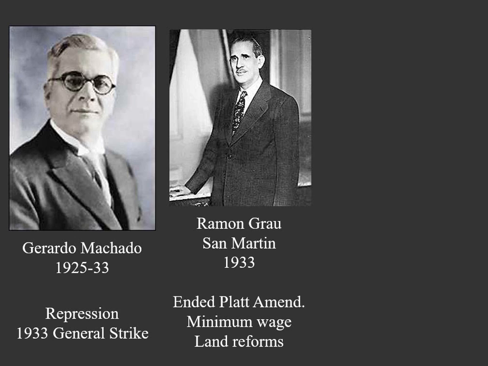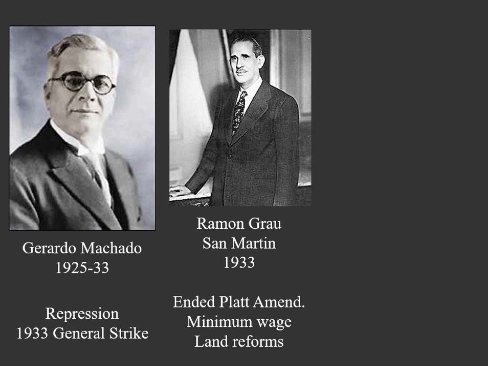People who are not impressed were the U.S. leaders, who realized how quickly they're losing power over Cuba. So a lot of U.S. leaders, including the U.S. ambassador to Cuba, says that San Martin's ideas are, quote, communistic, end quote. And the U.S. government starts basically hatching a plot to overthrow San Martin by the end of the year.